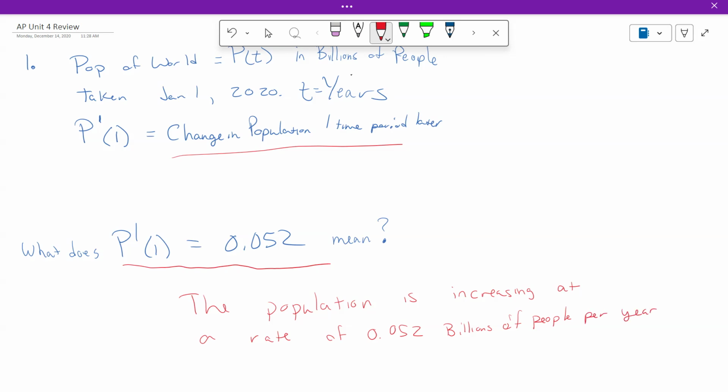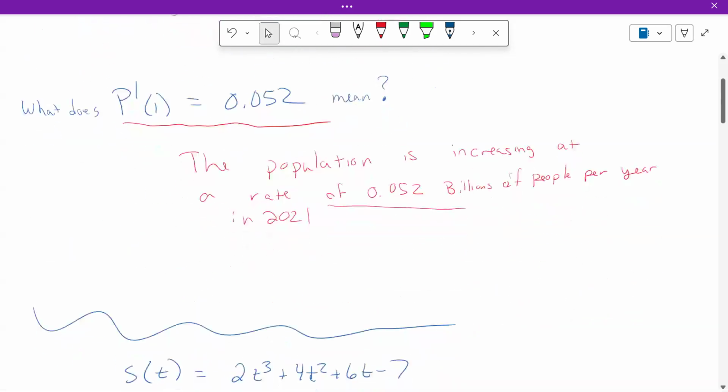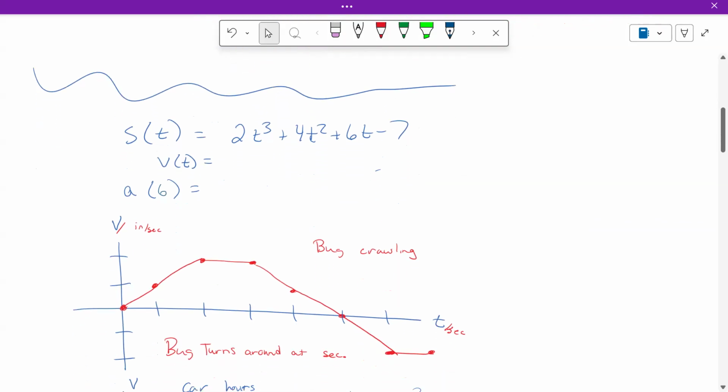If one of them doesn't say per year, then you know that's not the right answer. It's per year. Okay? In 2021, the rate of the people going up is 0.052 billions of people per year. Not years of people per billion or years of whatever per whatever.